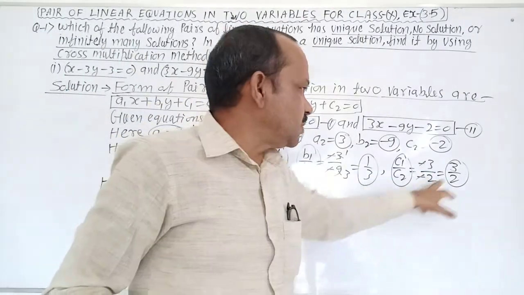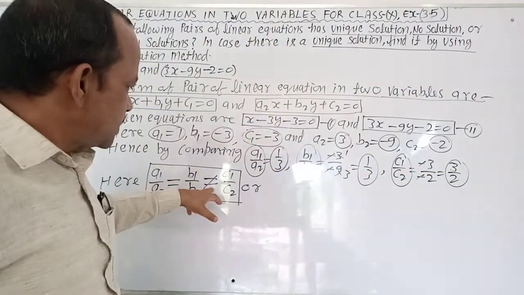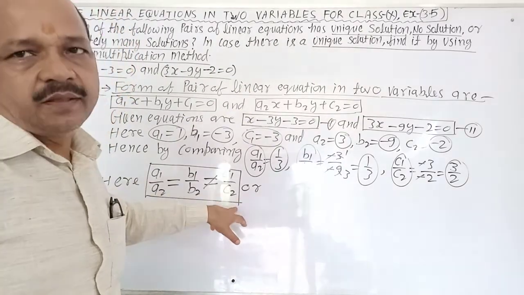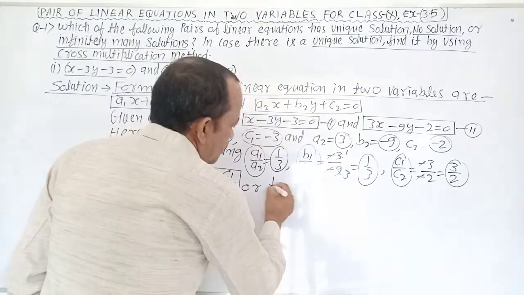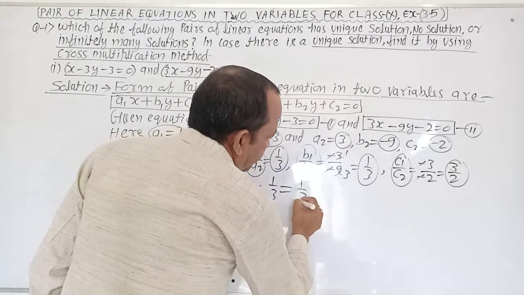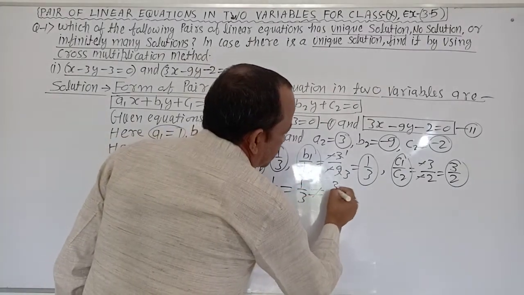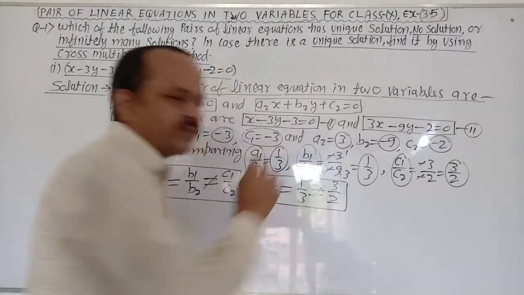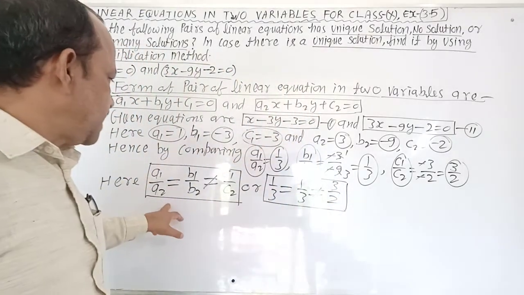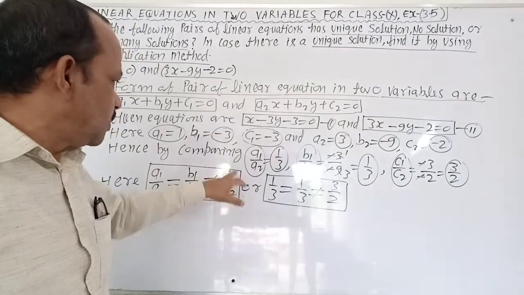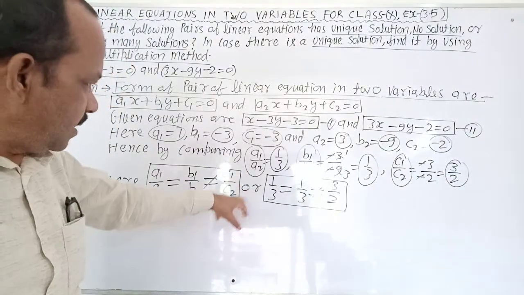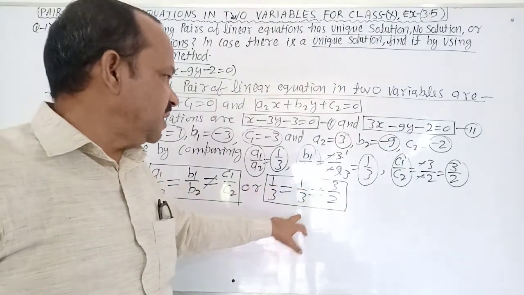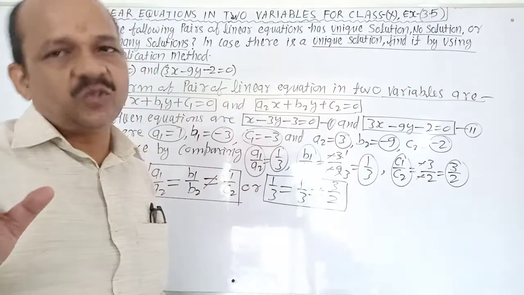Here c1 by c2 equal to 3 by 2. Hence not equal to c1 by c2. Clear? 1 by 3 equal to 1 by 3 not equal to 3 by 2. You find a1 by a2 equal to b1 by b2 not equal to c1 by c2, or 1 by 3 equal to 1 by 3 not equal to 3 by 2.